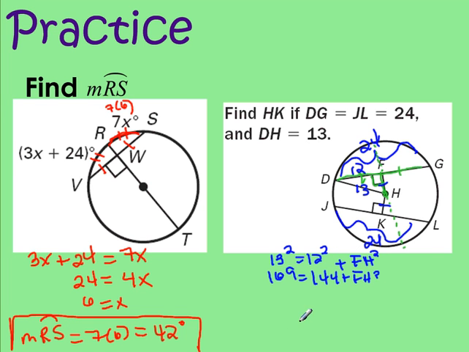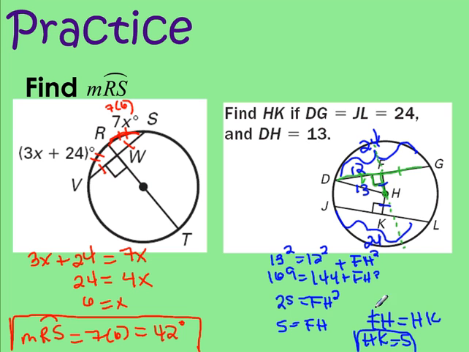In solving this, we end up with 25 is equal to FH squared, so it means that FH is equal to 5. Since FH is equal to HK, we can go ahead and say HK's measure is also 5. This one's one of the more complicated problems you'll solve because it involves multiple theorems, but it is good that we understand it.